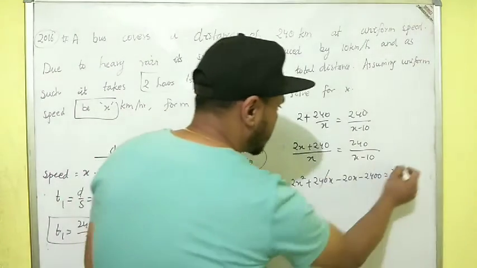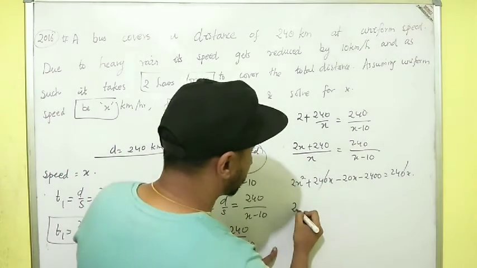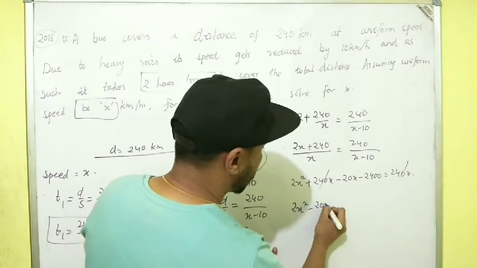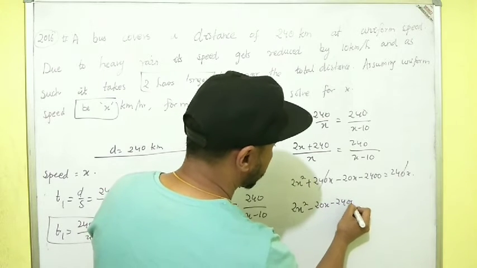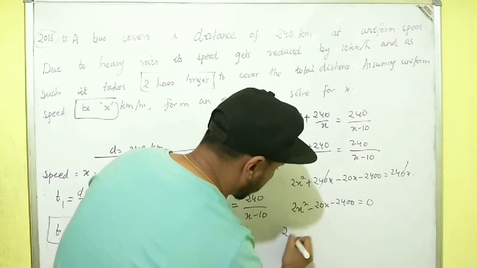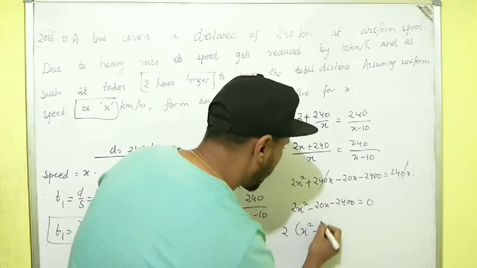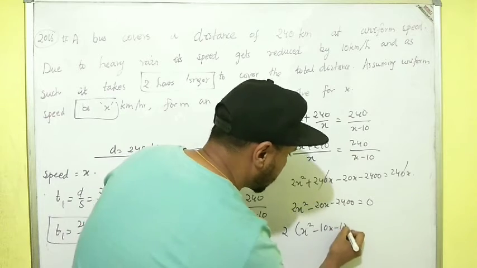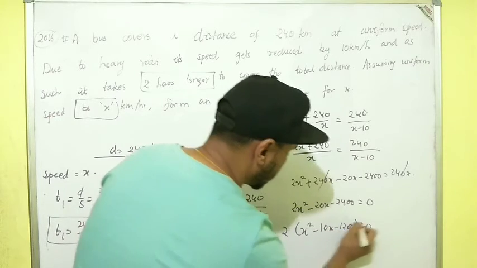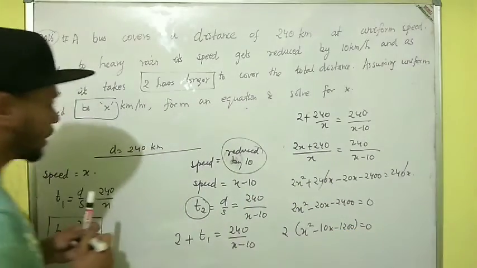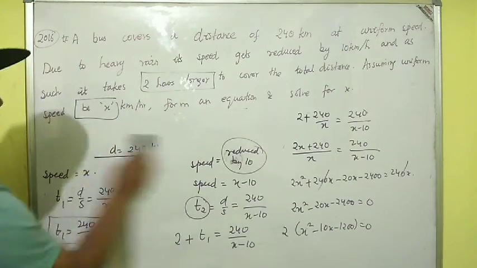Alright. So 240x will get cancelled. So this is 2x squared minus 20x minus 2400 is equals to 0. Let's take 2 common, x squared minus 10x minus 1200 is equals to 0. 2 will get directly 0. Okay, let's continue it here.